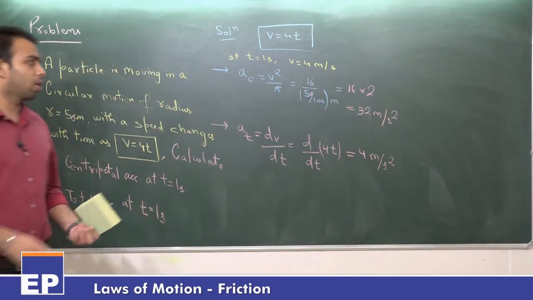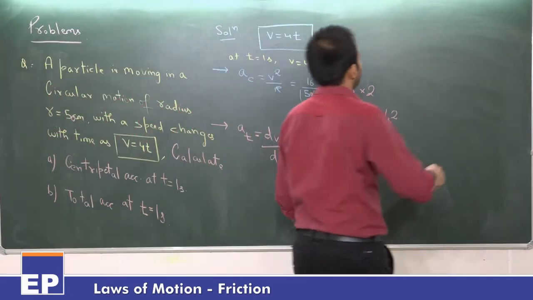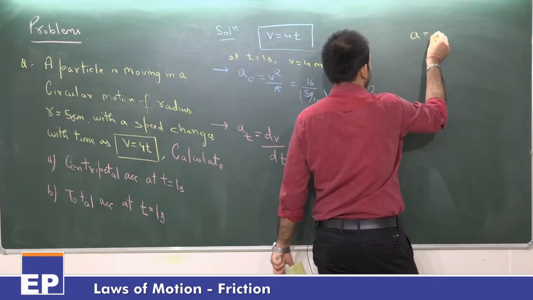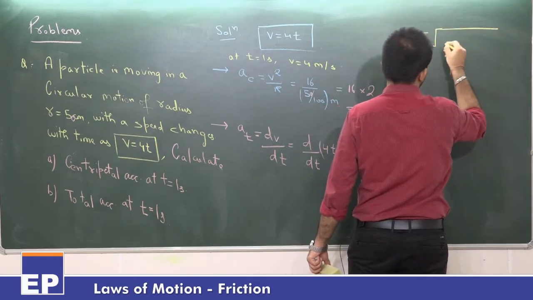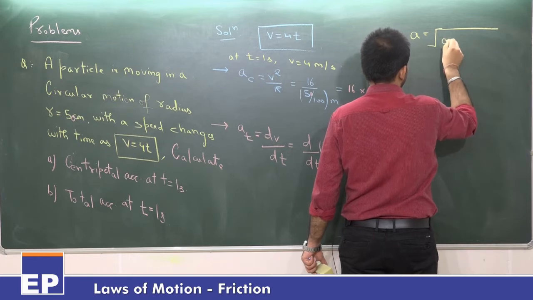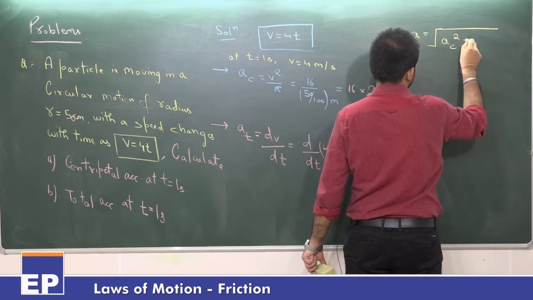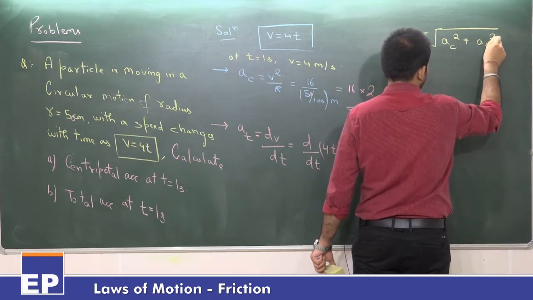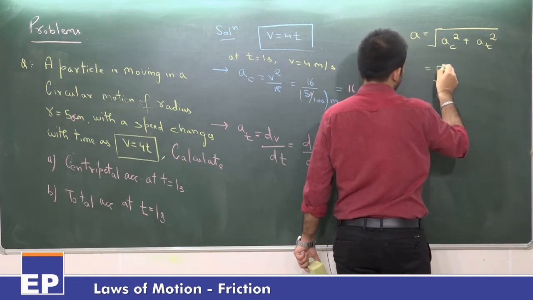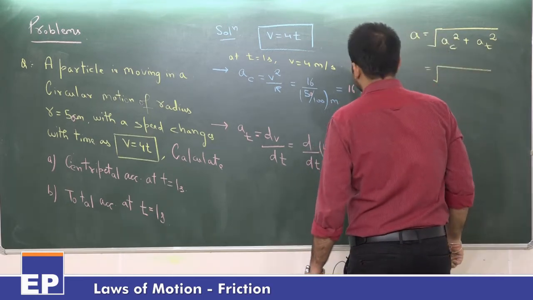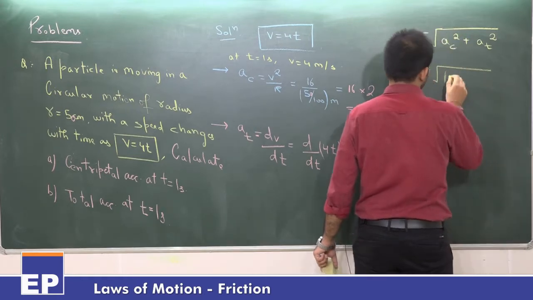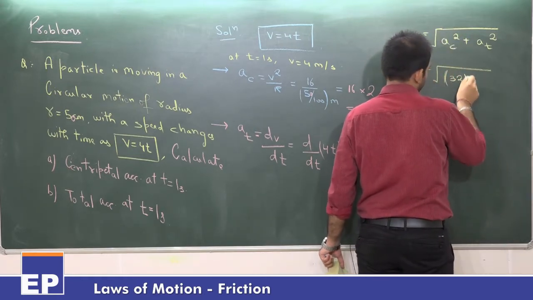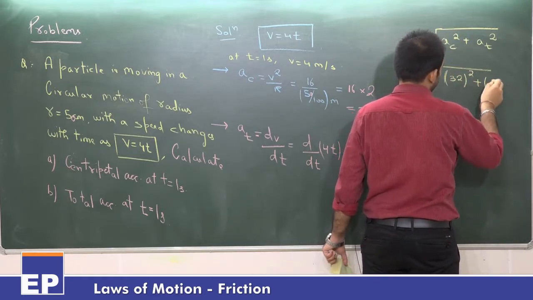And if we are asked to calculate the value of total acceleration A, so what is A? Under root of AC squared plus AT squared. Now what is AC squared? 32 का square plus 4 squared is 16.